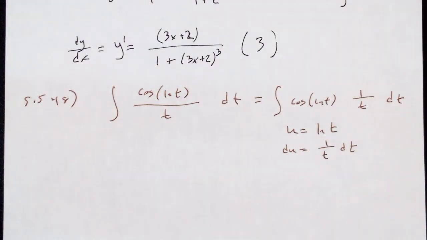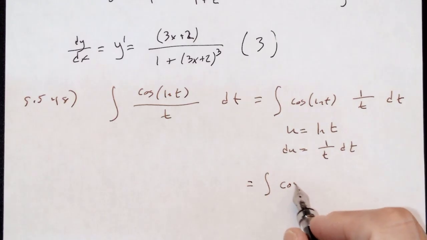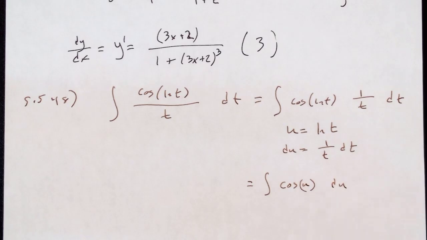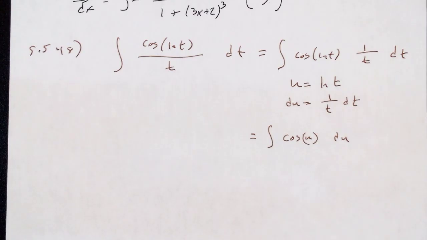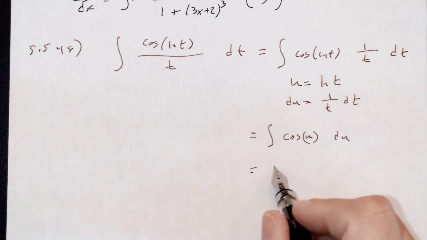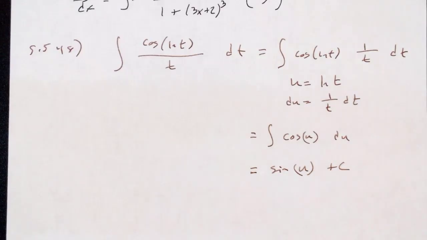And then I rewrite my equation in terms of u. And what's something whose derivative is cosine? Sine of u plus c, but I started in t, so I'll finish in t.